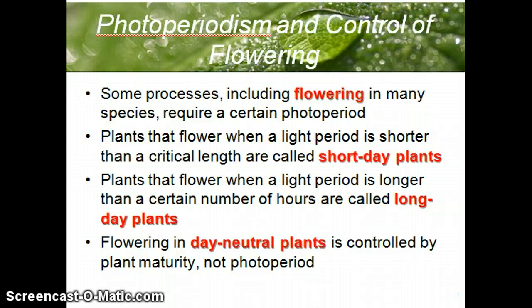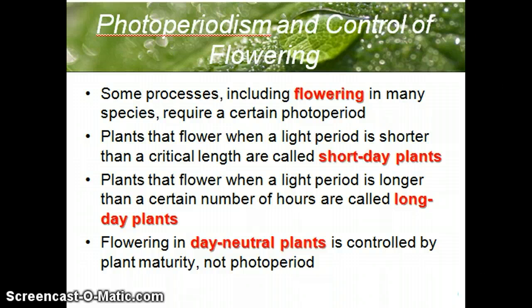Plants that flower when the light period is shorter than a critical length are called short day plants. And plants that flower when we have a light period that's longer than a certain number of hours are called long day plants. And then we also have day neutral plants where the flowering is controlled by the plant maturity, not by the length of a photoperiod.